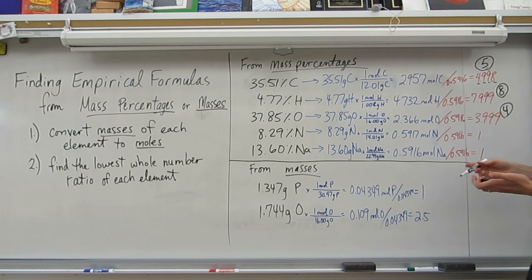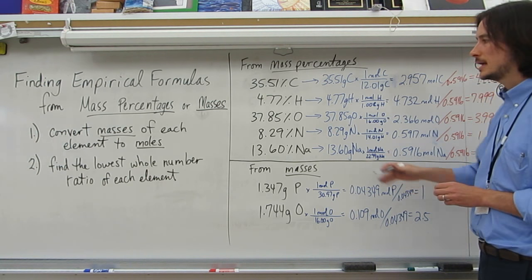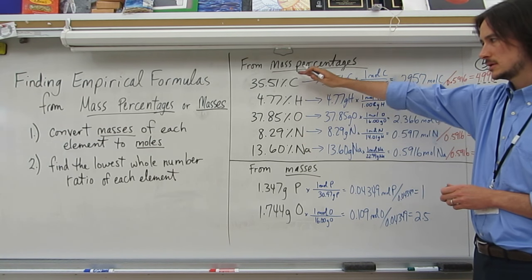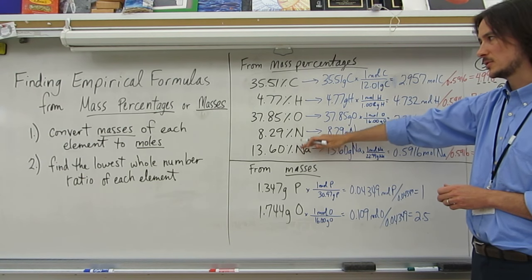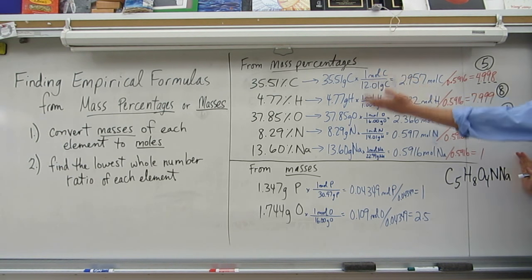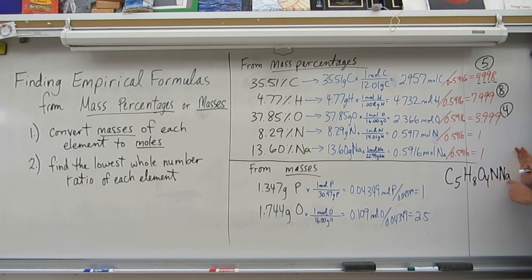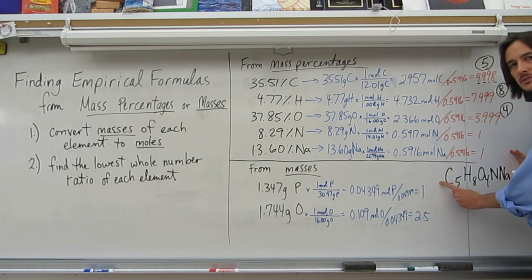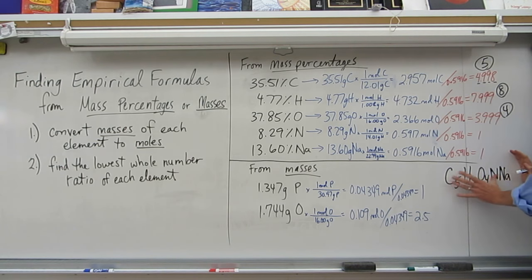So if we're going to write the empirical formula of this, I'm just going in the order of the elements as they were given. Carbon is 5, hydrogen is 8. Probably the sodium should be out in front. This looks like an ionic compound with maybe some polyatomic anion, and the sodium out front.